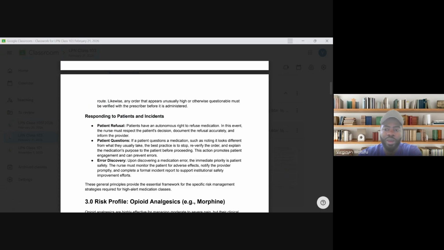But if the patient is making note of something, like we said earlier, that the medication is not what the patient used to take at first, so he or she is questioning it, you stop, right? You verify the order, then you check with the pharmacy.